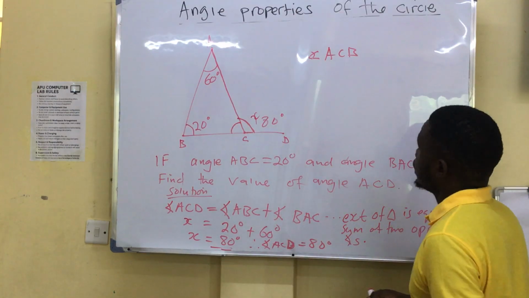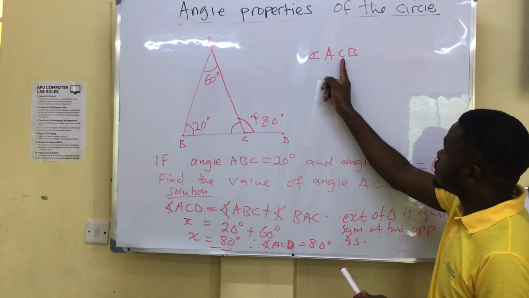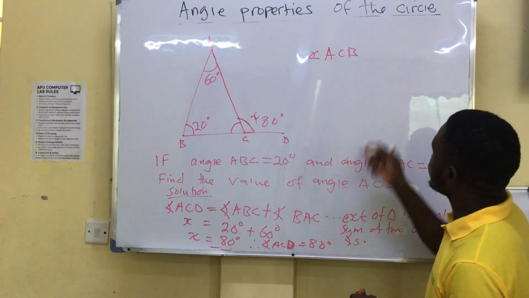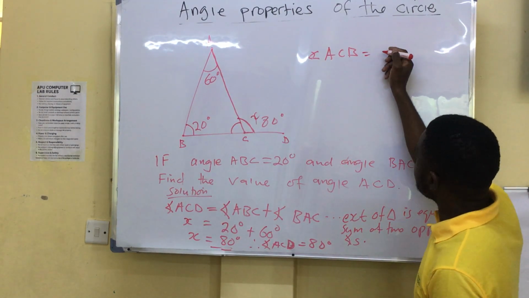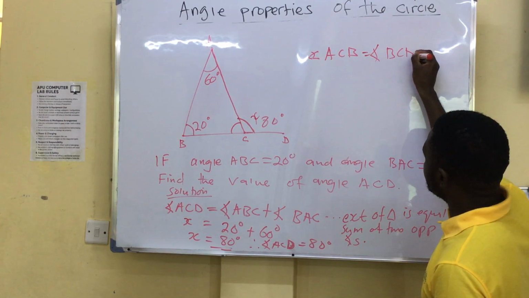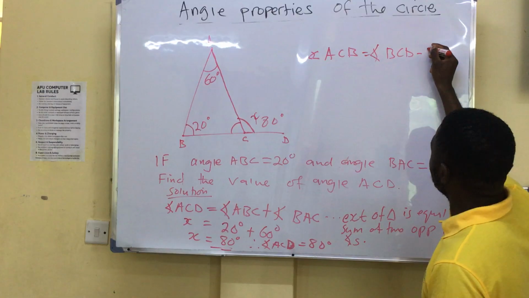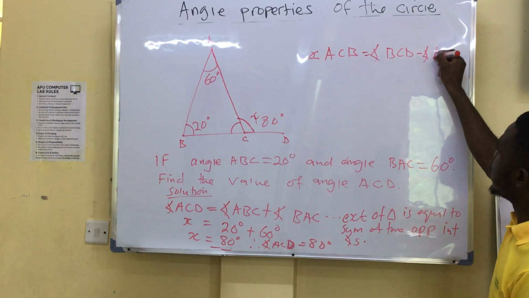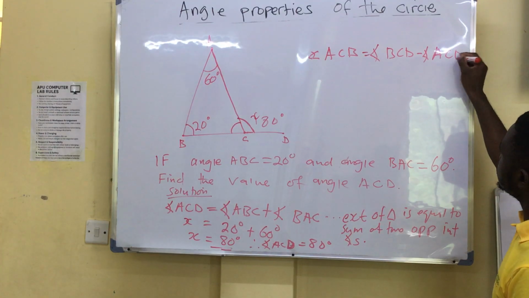But let's do it. Angle ACB is equal to angle BCD minus angle ACD.